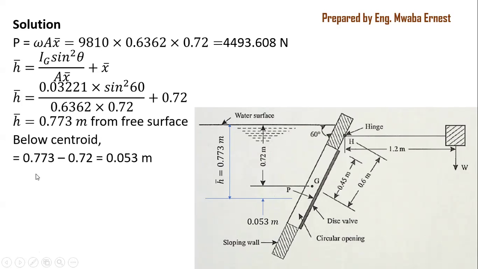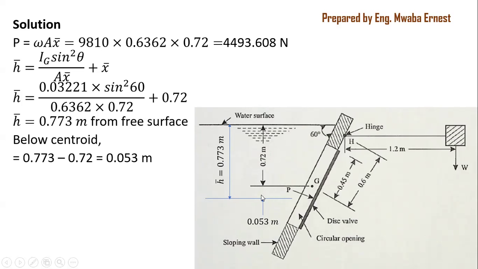Now, we also need to find the distance from where P is acting to where G is, just that vertical distance. We subtract. The distance from the free surface to there is 0.773, so we have to subtract this 0.72. That is how we can get that difference.